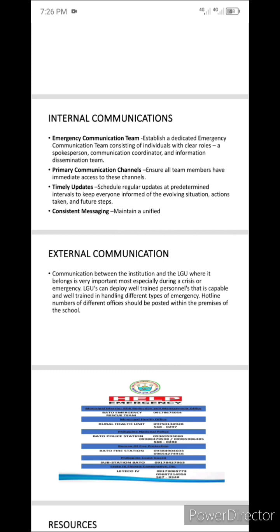For example, if something happens within the institution and you need help from the LGU, it would be easy if you have external contacts or hotlines posted, so that students, staff, or anyone within the institution can directly call those organizations from the LGUs if they need assistance.